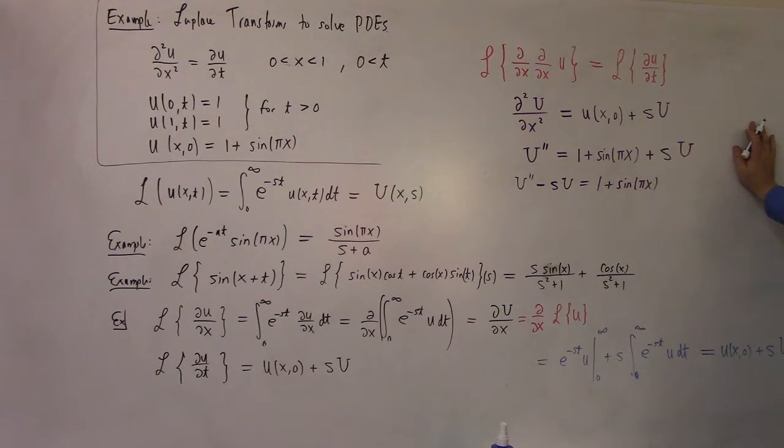We can treat s here as just a constant coefficient. So there's going to be a homogeneous part, and then we have to solve for just a particular part, which in that case is 1 plus sine of pi x.